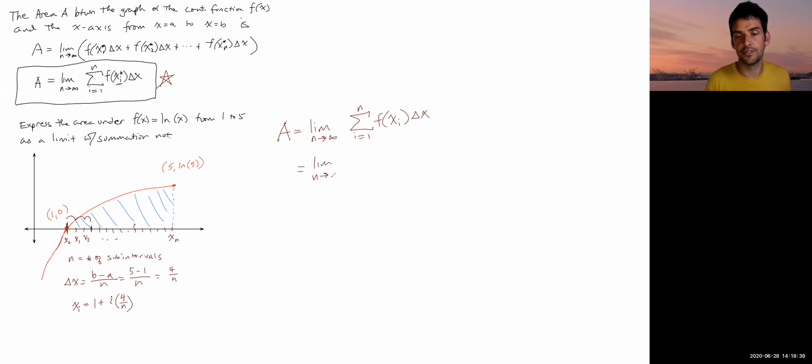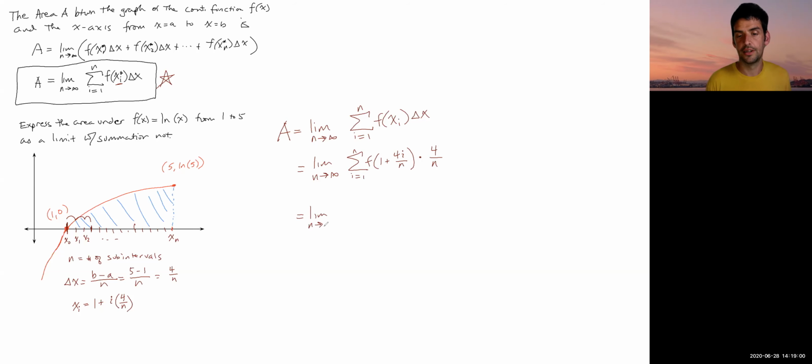Let's write this out now. This is going to be the limit as n goes to infinity, the sum i equals 1 to n of f of, well, what is x sub i? It's 1 plus, simplifying this fraction a little bit, 4i over n, times delta x, which is 4 over n. And let's go one more step.